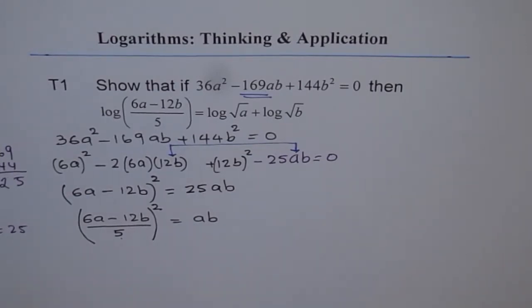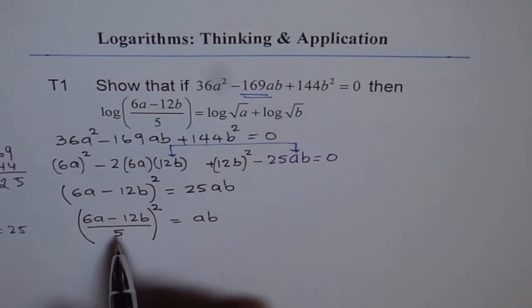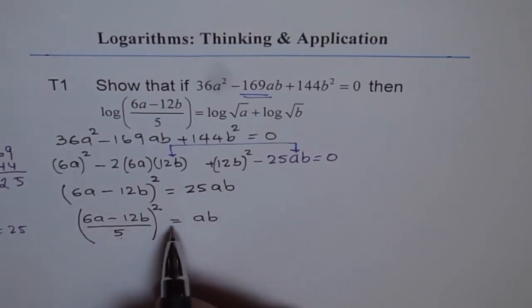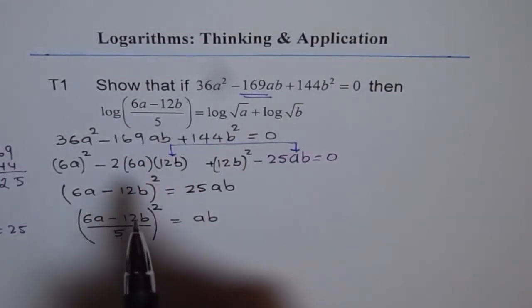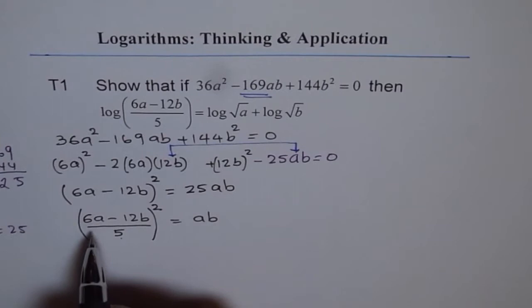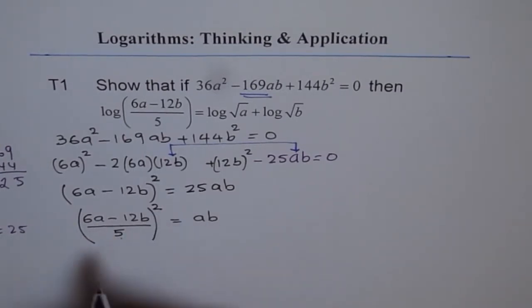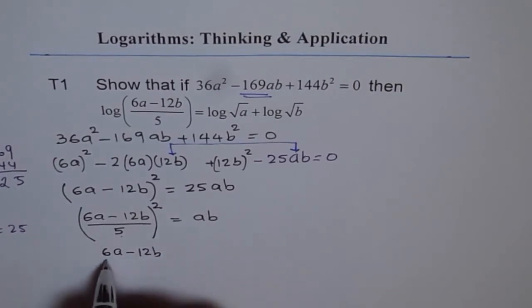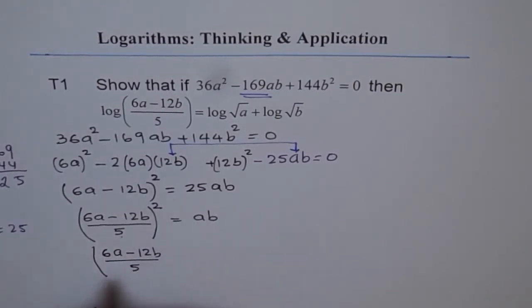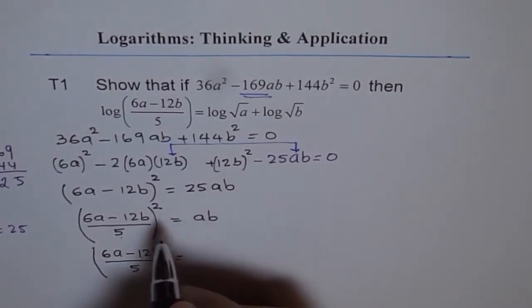Correct. Now we can take log on both sides, and then get the answer. Let me make it absolutely clear with simple steps. I'll square root both sides: this (6a − 12b) over 5 is on my left side, and on the right side I'll take the square root.